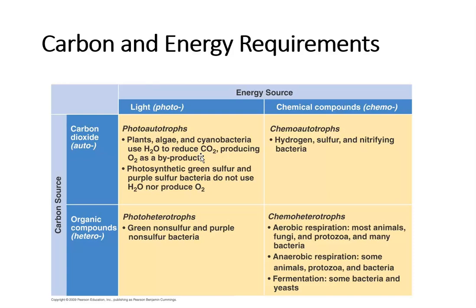These guys are us, okay? We use aerobic respiration. We cannot photosynthesize. So by definition, we eat. Whatever we eat, we break down. We breathe in oxygen. We break down these chemicals to whatever we need. So our carbon source is these organic compounds that we break down.